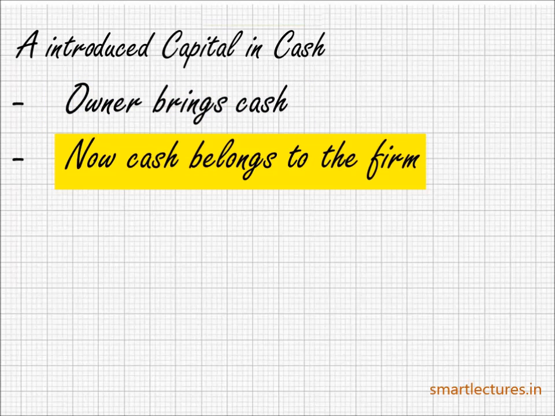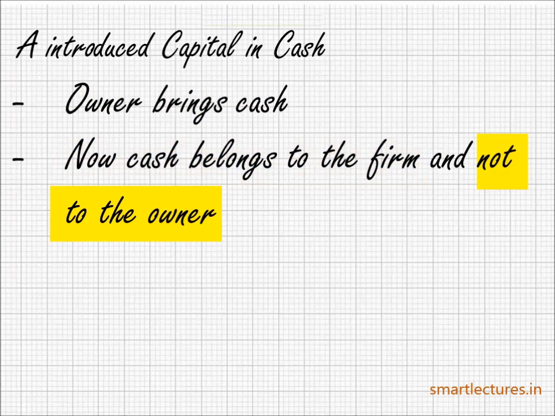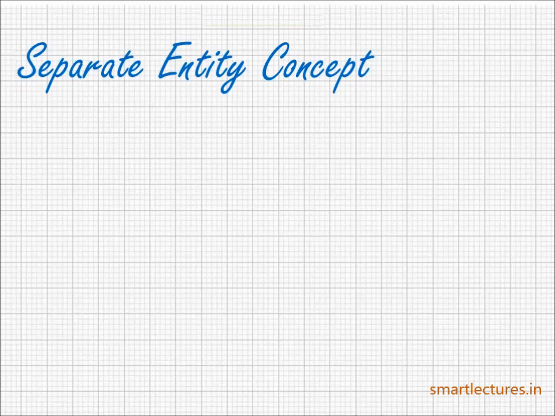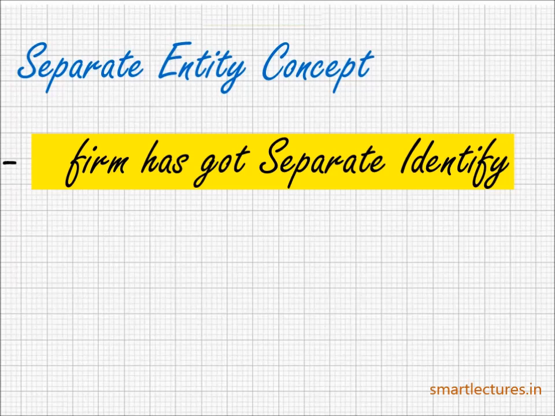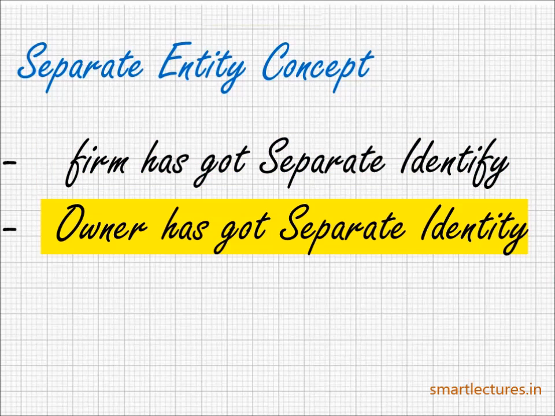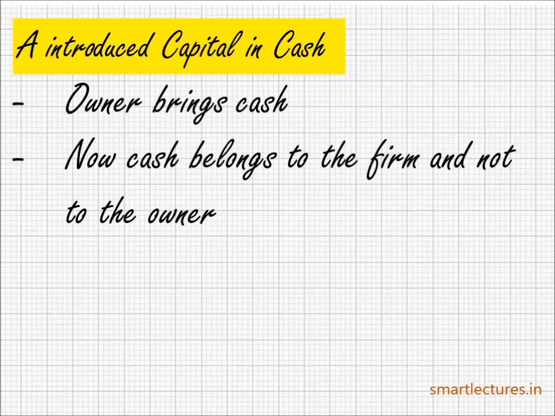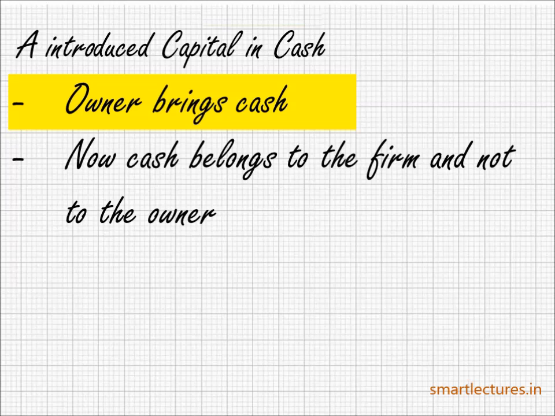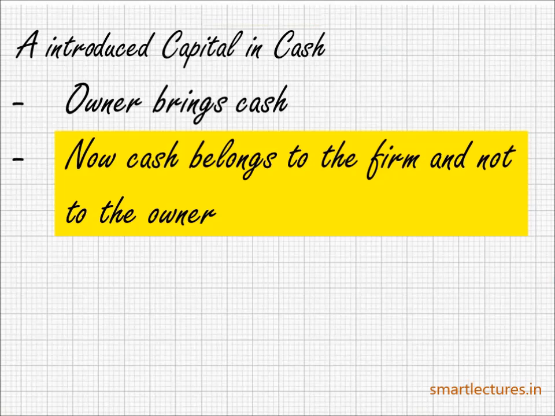It doesn't belong to the owner anymore. This is the concept of the accountancy, and that concept is called separate entity concept. Means the firm has got separate entity and the owner has got separate entity. When A starts business and introduces capital, it means A, the owner, brings cash from his home and gives it to the firm, and the firm keeps the cash in the cash box. Then this cash belongs to the firm, not the owner.